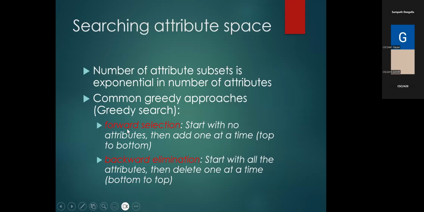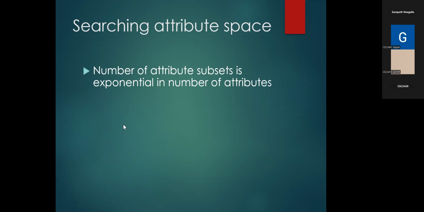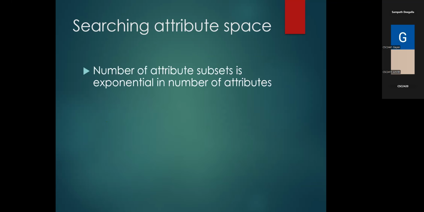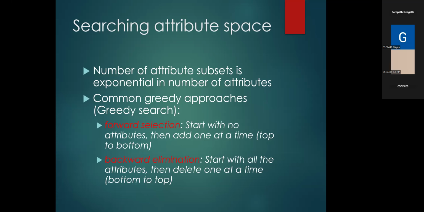The first one is forward selection. Forward selection means you start from empty, then you add one attribute at a time, select the best one, then add another, select the best one, and so on. You are going in a forward direction, keeping on adding features. That is called forward selection.